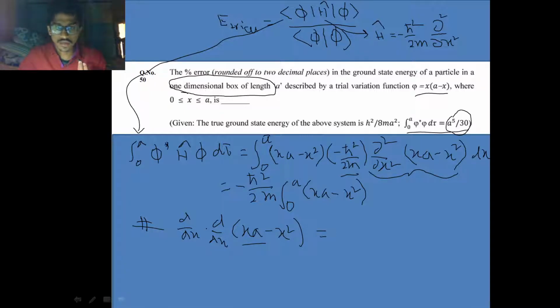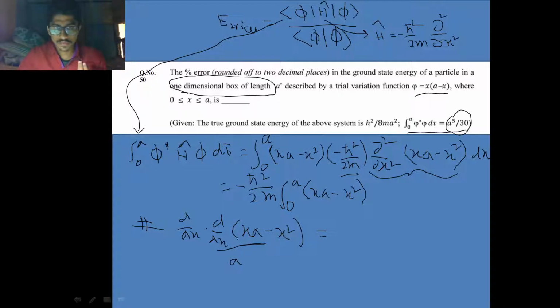And what about the other term? The other term is a into dx by dx. So for the first part, the first function comes as a.